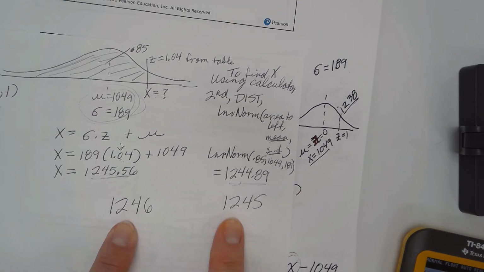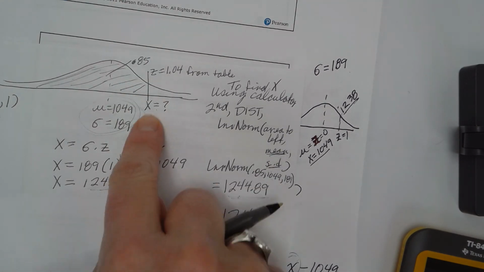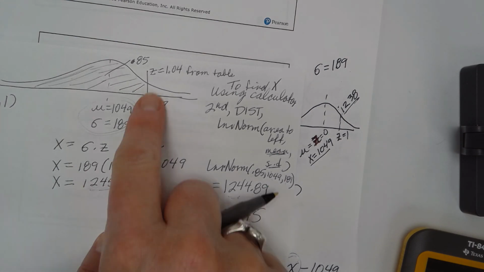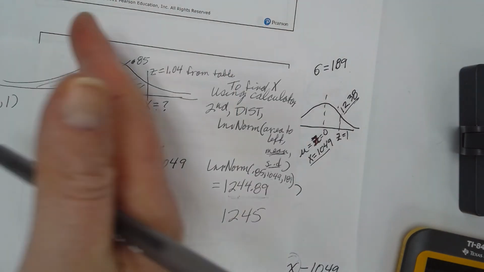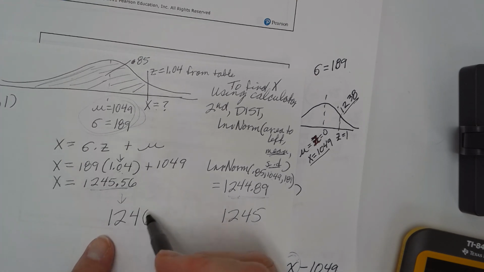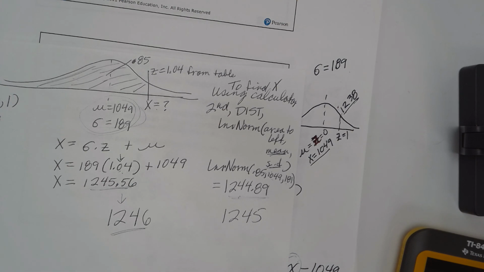Okay, so that means that the cut score, the person who got a score of 1,245 or 1,246 is in the 85th percentile, okay? And again, it's because of the limitations of the table that this number is off, has a little bit of rounding error, okay? Any questions on that?